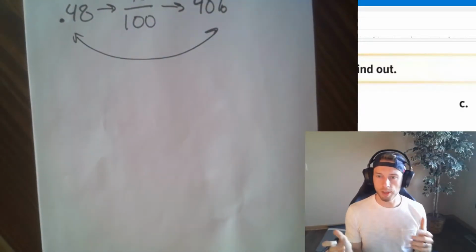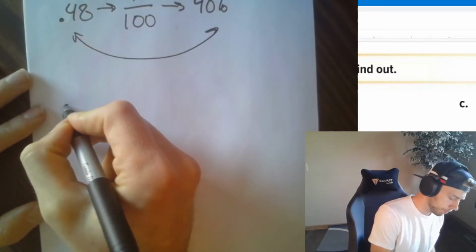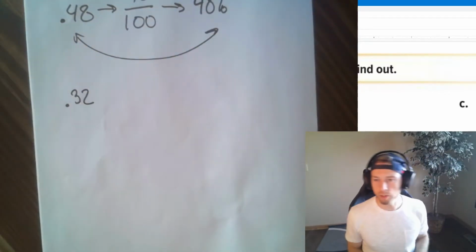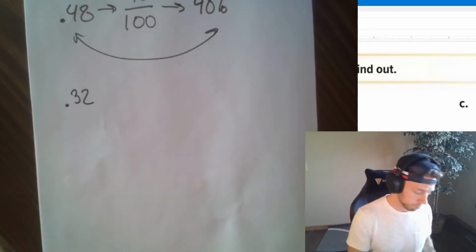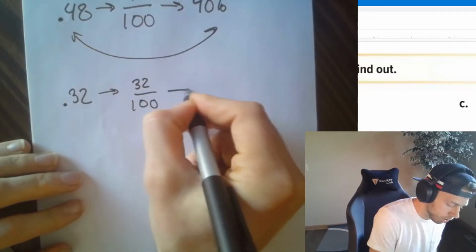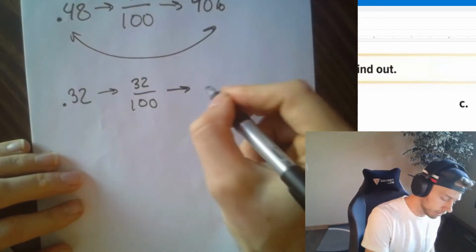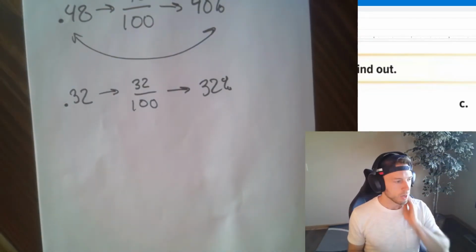Let's start off with the decimal 32 hundredths. 32 hundredths as a fraction would be written as 32 over 100, which would then be written as a percent as 32%. So it seems pretty easy, right?